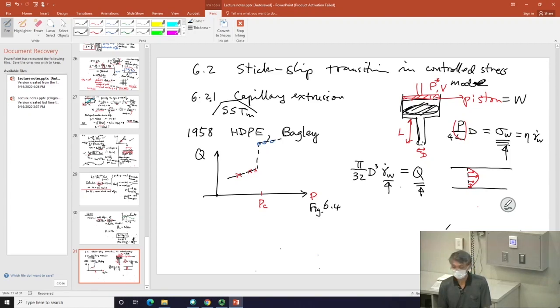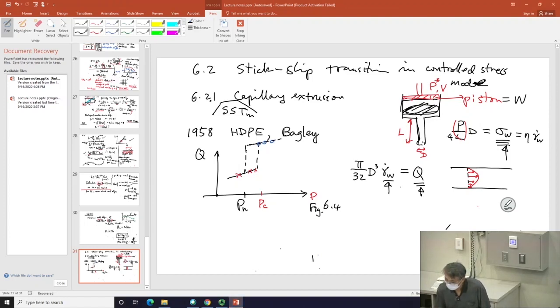It jumped, and if you continuously lower your pressure, you find that this polyethylene will remain in this high throughput state until some, I don't know, in my book I call it the pH.